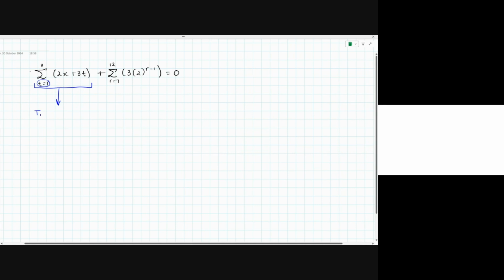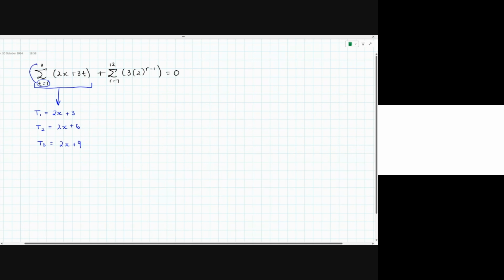So term 1 here is 2x plus 3 times 1, which is just 3. Term 2 is 2x plus 3 times 2, which is 6. And term 3 is equal to 2x plus 3 times 3, which is 9. So those are the 3 terms.